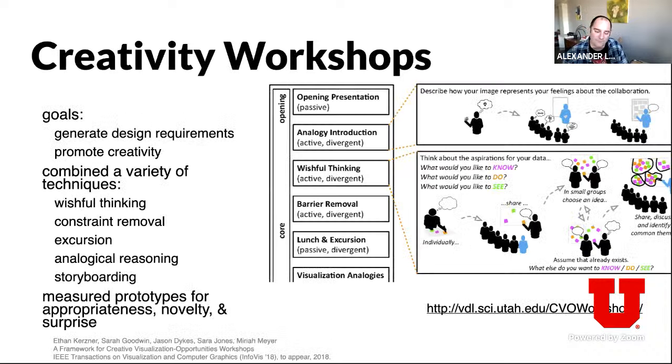In our lab, this is work by mostly Ethan Kertzner and Miriah Meyer with collaborators from all over the world. They have thought about how we can efficiently get to this domain characterization and understand the domain goals, how we can get these design requirements from a group of experts.